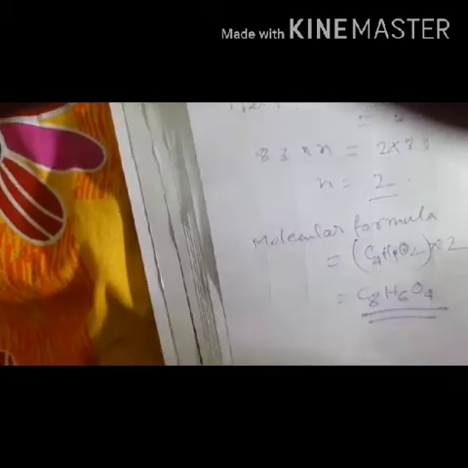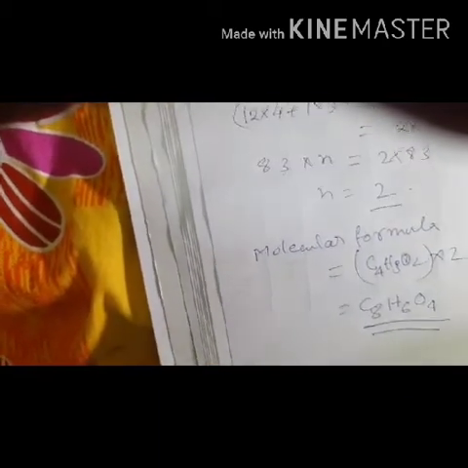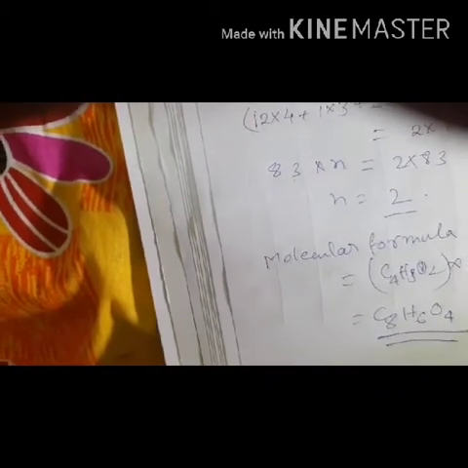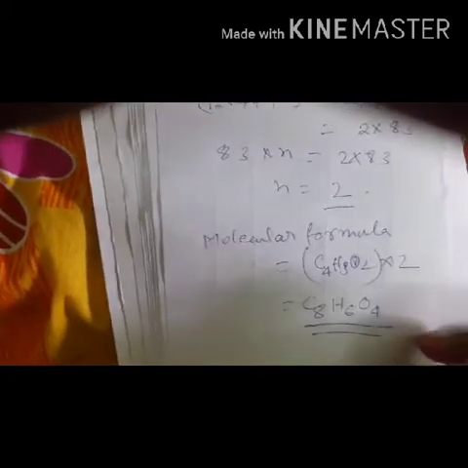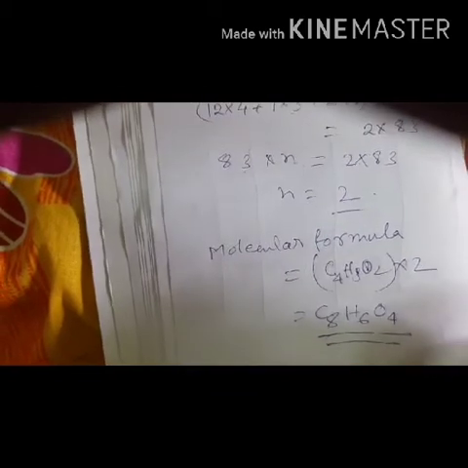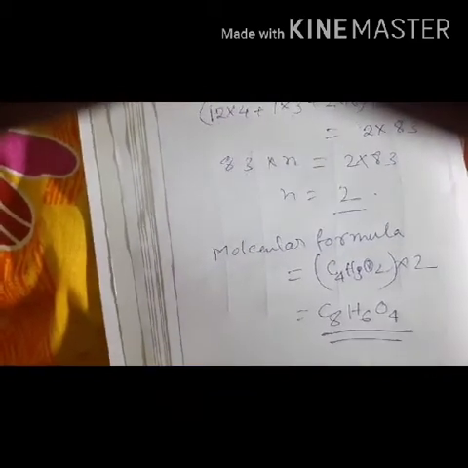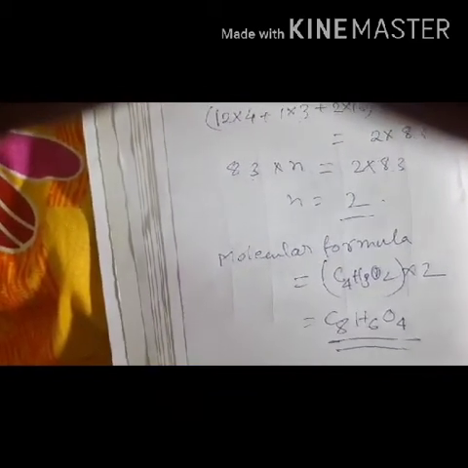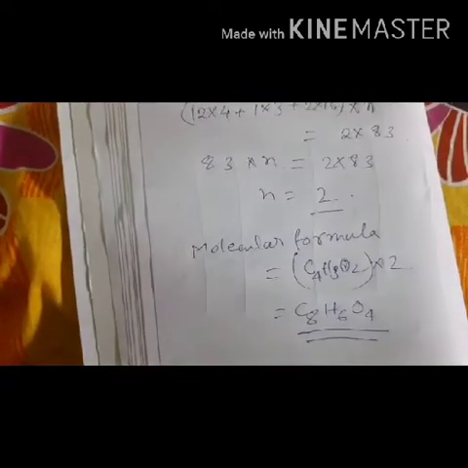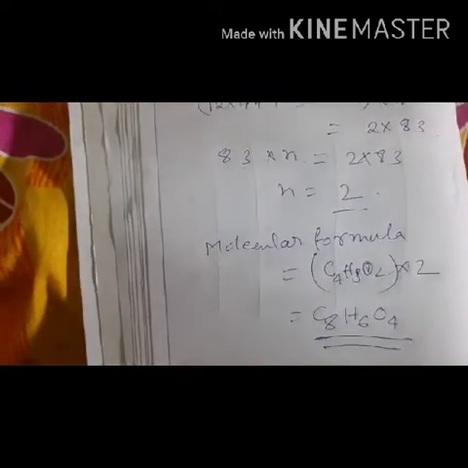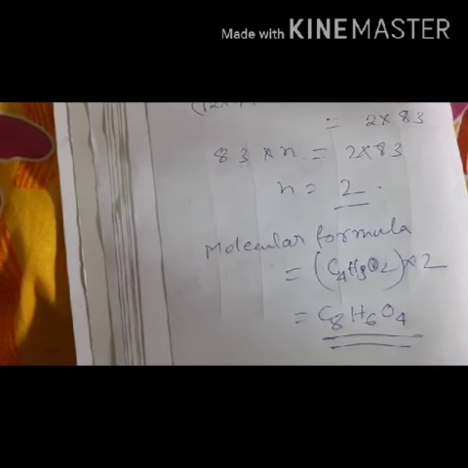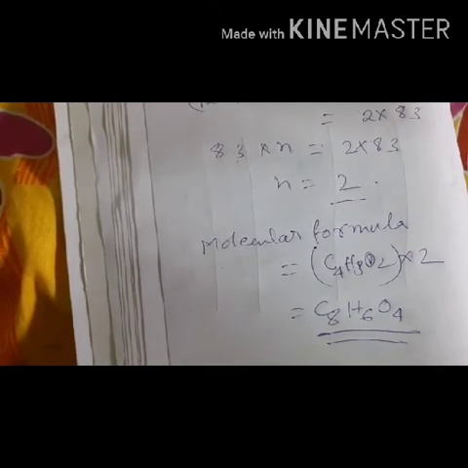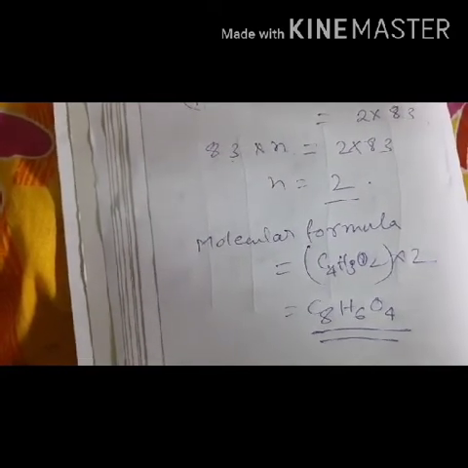C8H6O4. That is the molecular formula of the compound. We can derive this from the percentage composition. That's all. I hope this will help you to understand how to determine the molecular formula and the empirical formula of a compound from the percentage composition. Thank you.